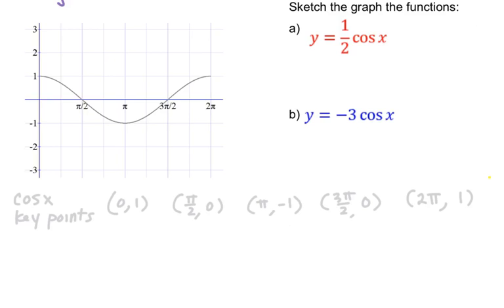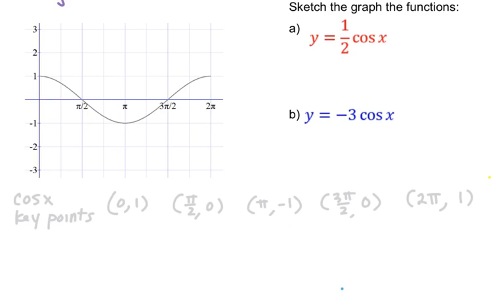So I'm going to erase this, and then let's look at example B. For example B, we're going to graph a cosine graph, but we've got this times -3 here on the outside. So it's multiplied, and it's on the outside. And again, multiplied on the outside lets me know it's a vertical shrink or stretch or flip.